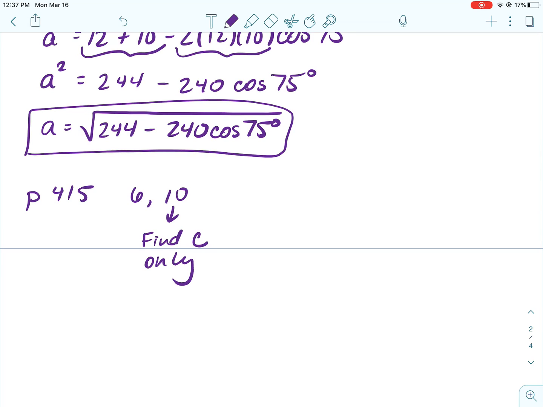That should be side length C. Yes, sorry, I was looking at the wrong one. Then on 14, do the whole problem. And on 18, you're going to find side A only.